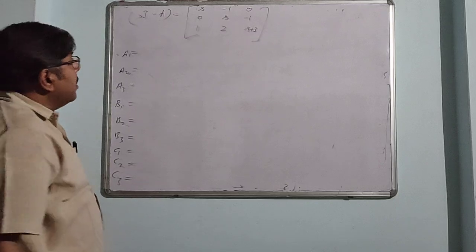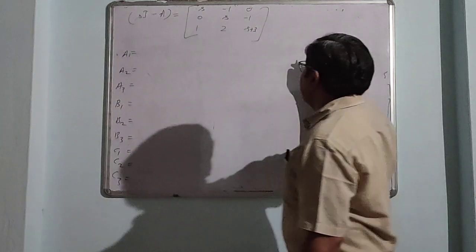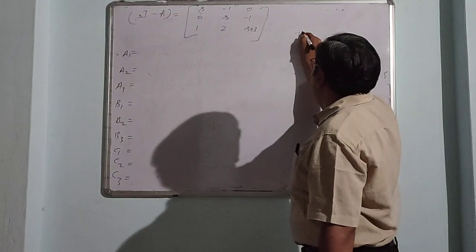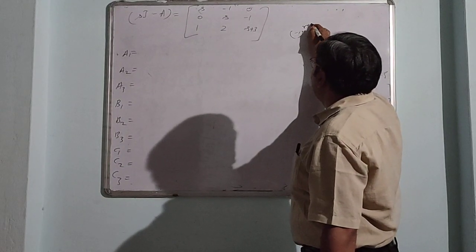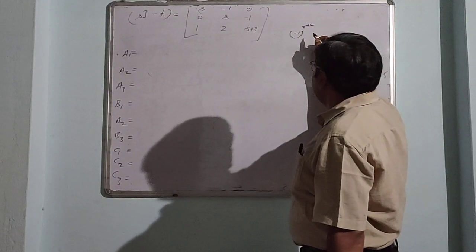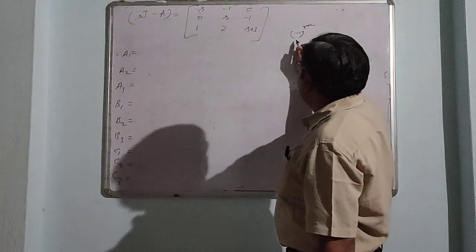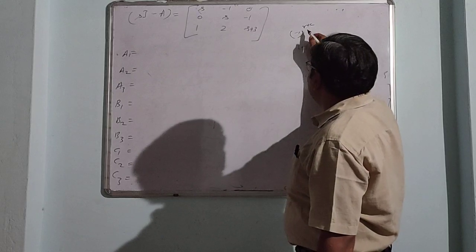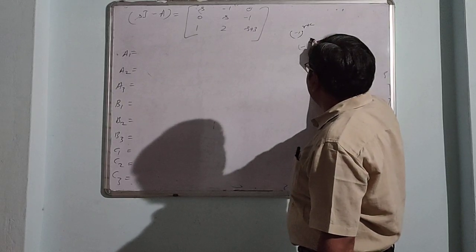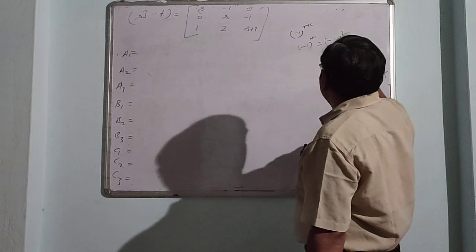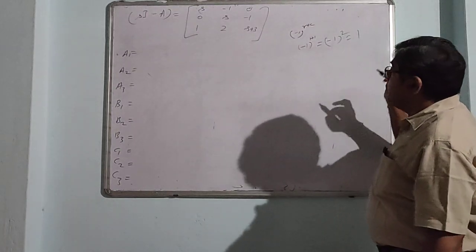The method is very clear. Suppose first you are calculating the cofactor for this element. So minus 1 to the power row plus column. For this element, minus 1 to the power, row is first, column is first, 1 plus 1, that is minus 1 to the power 2, that is 1.